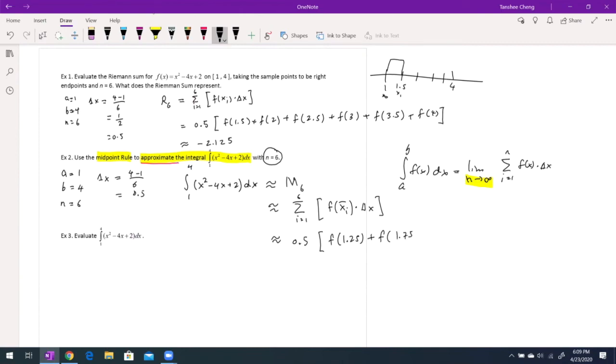So 1.75, and then the function evaluated at 2.25, plus the function evaluated at 2.75, plus the function evaluated at 3.25. Lastly, plus the function evaluated at 3.75. And that will give us the approximate answer right there.